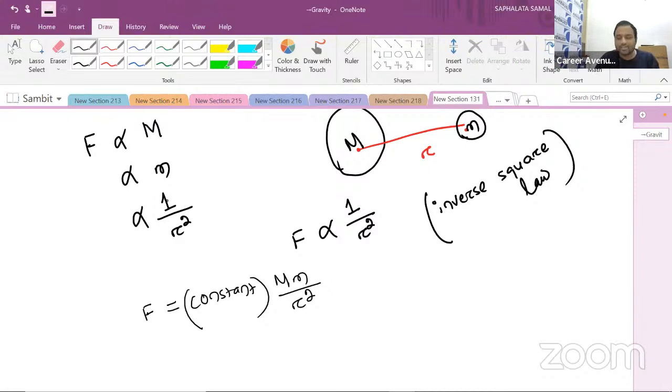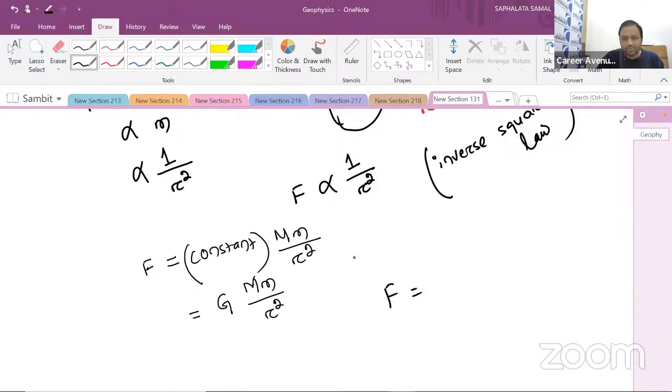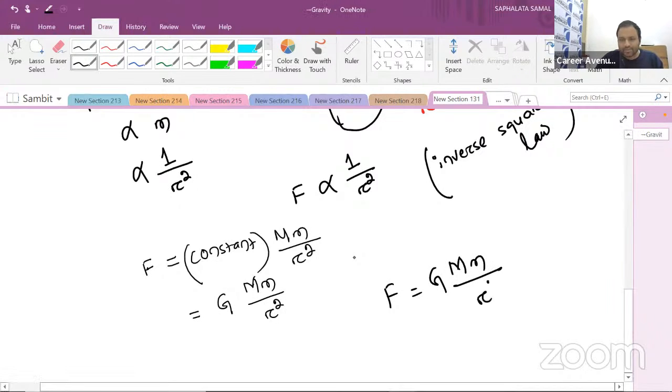This constant is called the universal gravitational constant, taken as capital G. So the equation becomes F = G M m / r². This is Newton's law of gravity: F is equal to capital G and the product of the two masses divided by the square of the distance between them. Now here we have to observe one thing: the gravitational force is always an attractive force.